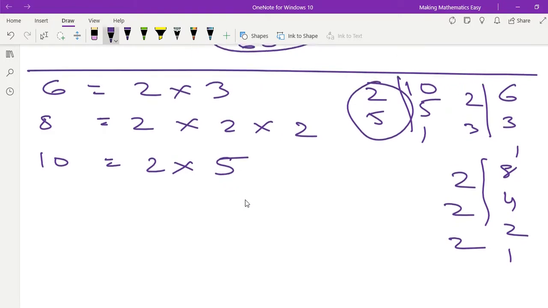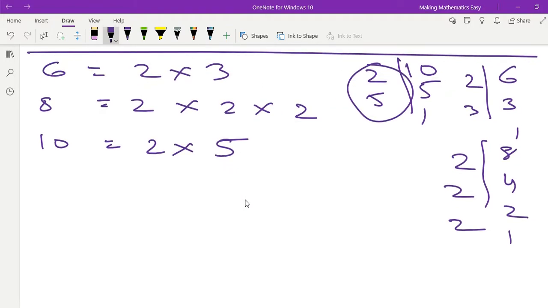Now in case of three numbers, when you find the common factors, if a number is repeating in the factors of all the three numbers, you can consider that. And if it is repeating in two, that also can be considered a common factor.